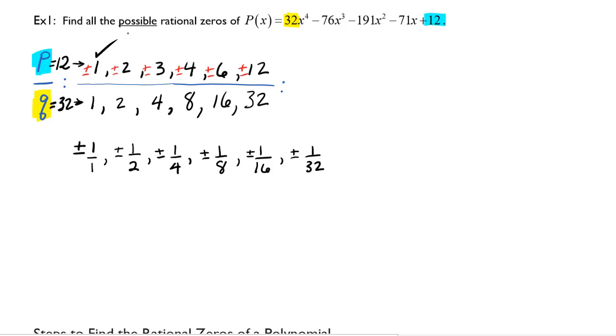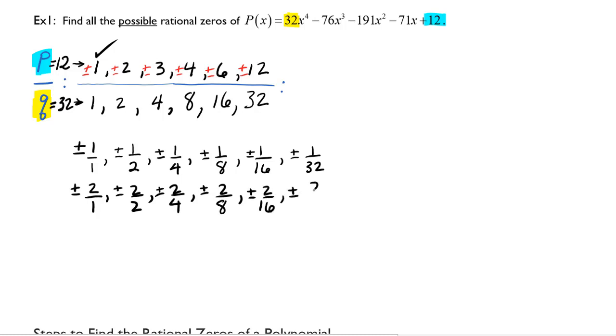And now I'm going to move on to the numerator of 2. Plus or minus 2 over 1, plus or minus 2 over 2, plus or minus 2 over 4, plus or minus 2 over 8, plus or minus 2 over 16, and plus or minus 2 over 32. Okay, 2 is done.